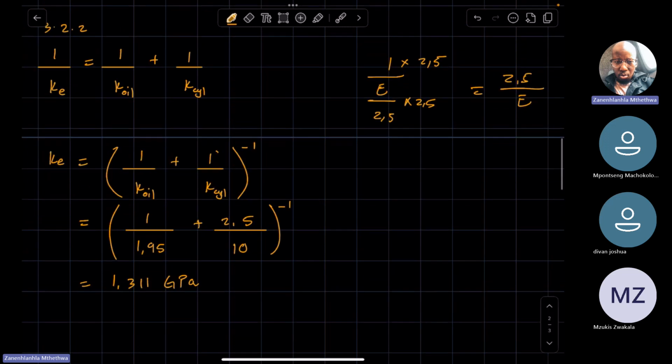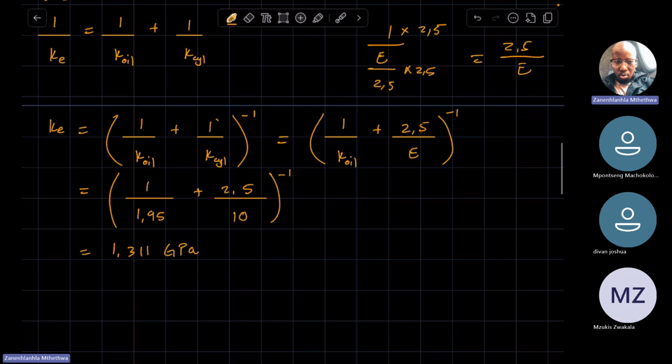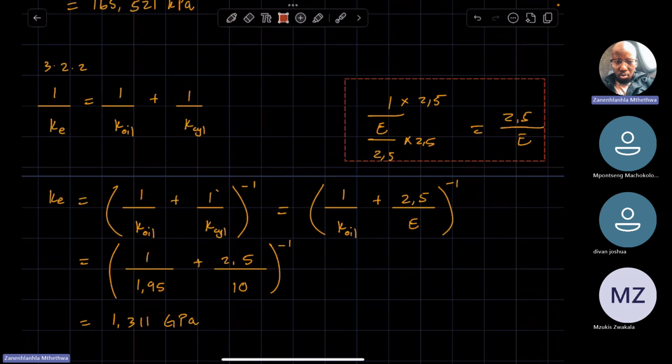Right, just so we are clear here, let's say this is equal to, for context, let's do this rather plus, and then 2,5 divided by E. Right, and then from here you substitute, and then we get the 1,311 gigapascals. Right, any questions?